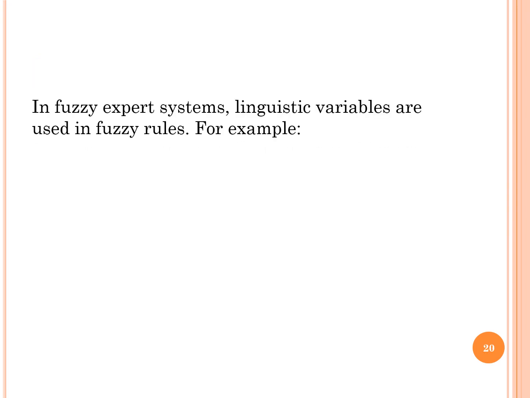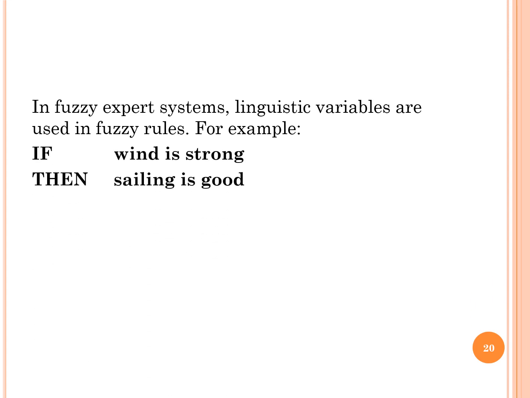In fuzzy expert system, linguistic variables are used in fuzzy rules. As we look in the example, a fuzzy linguistic variable: if wind is strong, then sailing is good. This is the linguistic variable, wind, sailing.